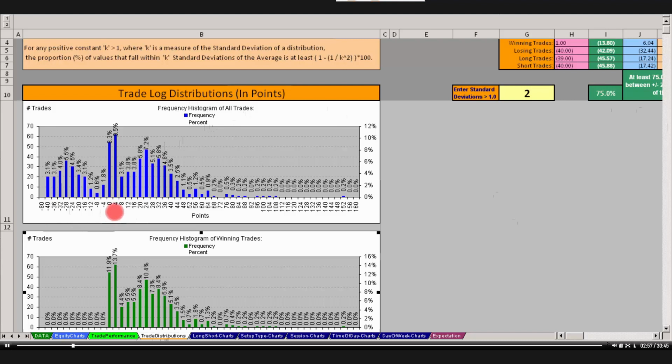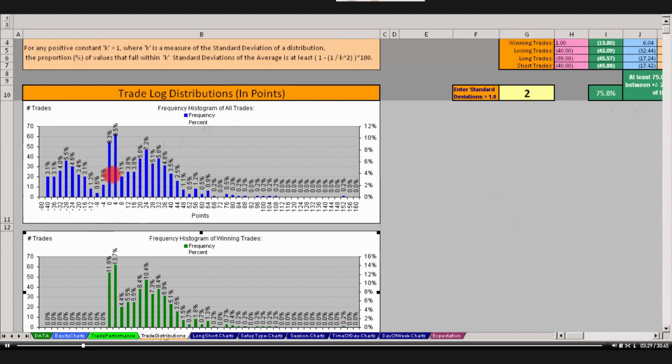So this big, tall, not the tallest, the second tallest bar covers 0 to 4 points. How many trades returned between 0 and 4 points? That's on the left axis, which runs from 0 to 70. If we go up to the top of that bar and move over to the left, we see about 55 trades had between 0 and 4 points.